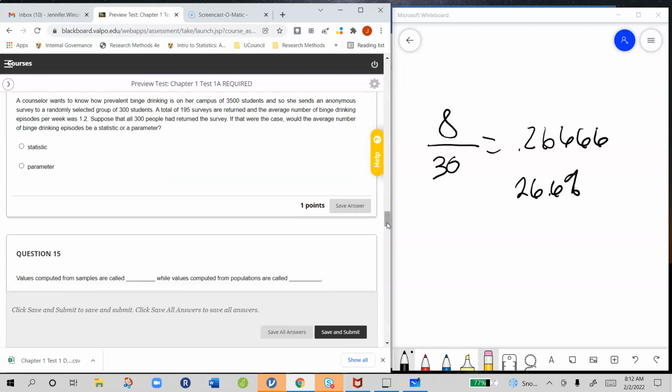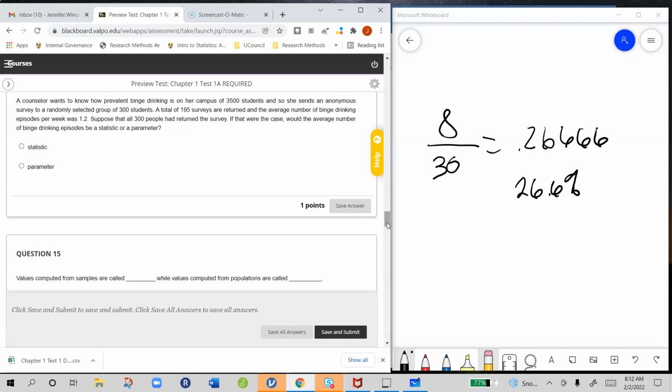Okay. Next, a counselor wants to know how prevalent binge drinking is. Same example as before. And now we're saying, suppose that all 300 people return the survey, instead of originally a total of 195 being returned and the average being 1.2. What if we received data from all 300?